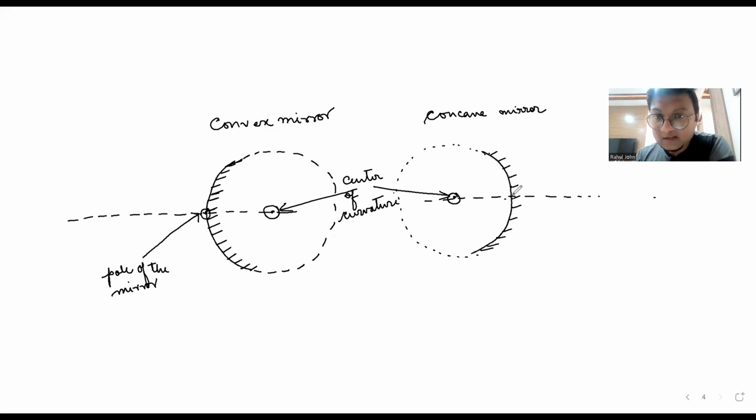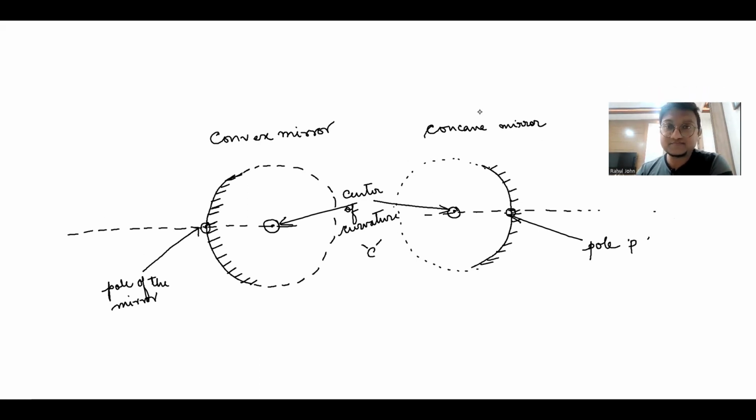Similarly here, the exact midpoint of the mirror surface, mind it, of the mirror surface, is called the pole. We can denote pole by the letter P. We can denote center of curvature by the letter C.